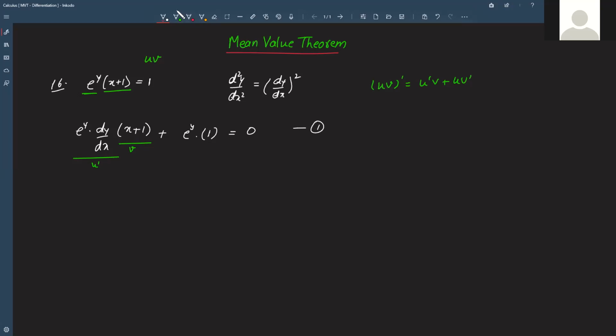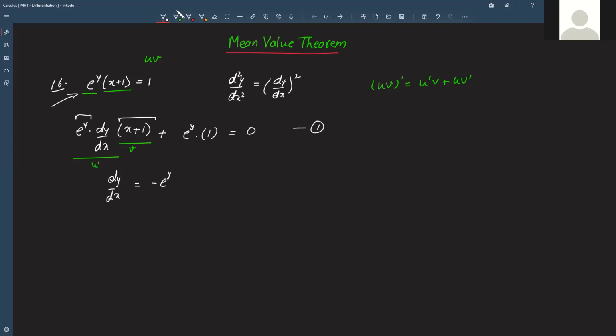Now in this, we can say that this is e to the power y into x plus 1. If you see this part, then this says e to the power y into x plus 1 is 1, and we have this here, e to the power y into x plus 1. So I can substitute that as 1, so it will become just dy by dx is equals to minus e to the power y, right?